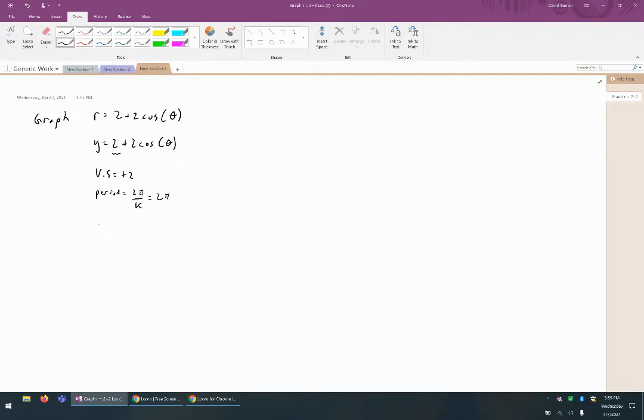The horizontal shift, the phase shift, is b, something added or subtracted inside of the input. There's nothing being added or subtracted to the theta, so it's 0. The amplitude is the absolute value of the number multiplying in front of the trig function, so 2.